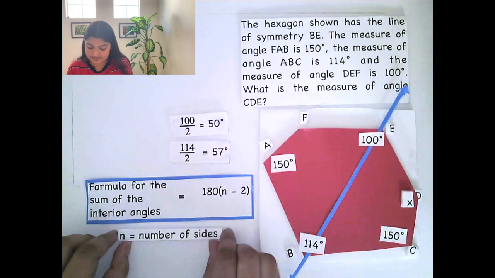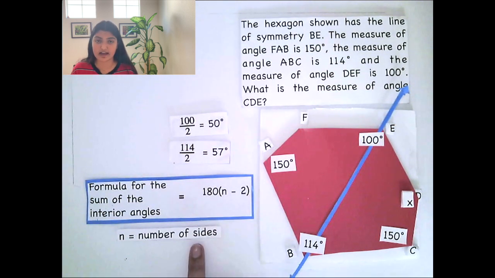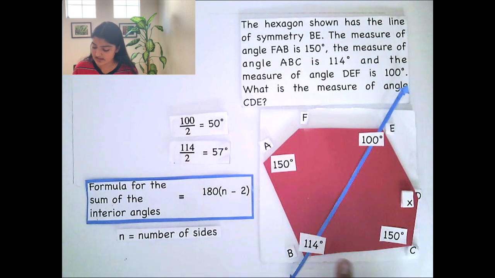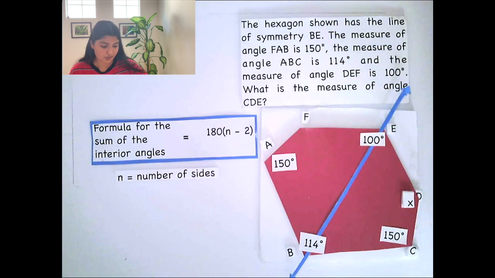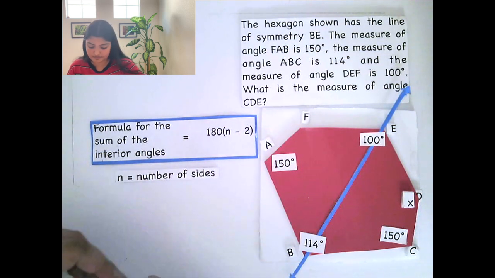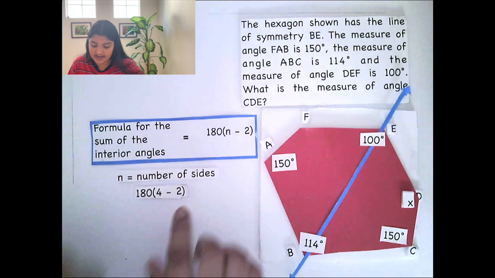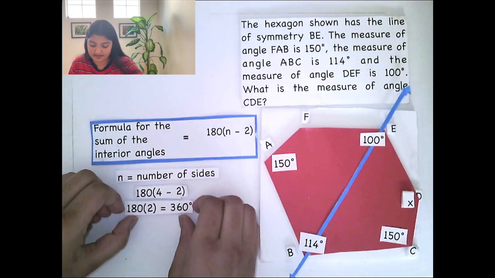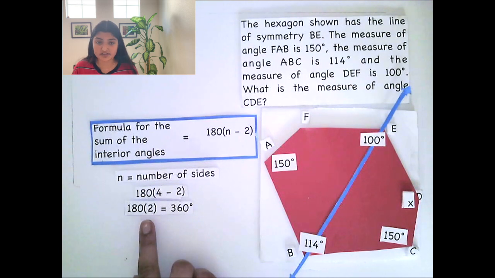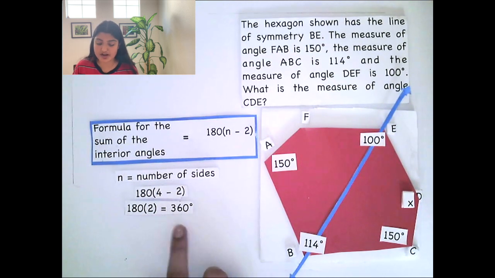In this case, n is equal to the number of sides of the shape. As this is a quadrilateral, it has 4 sides. Therefore, we can do 180 times 4 minus 2, which can be simplified to 180 times 2, which is equal to 360 degrees.